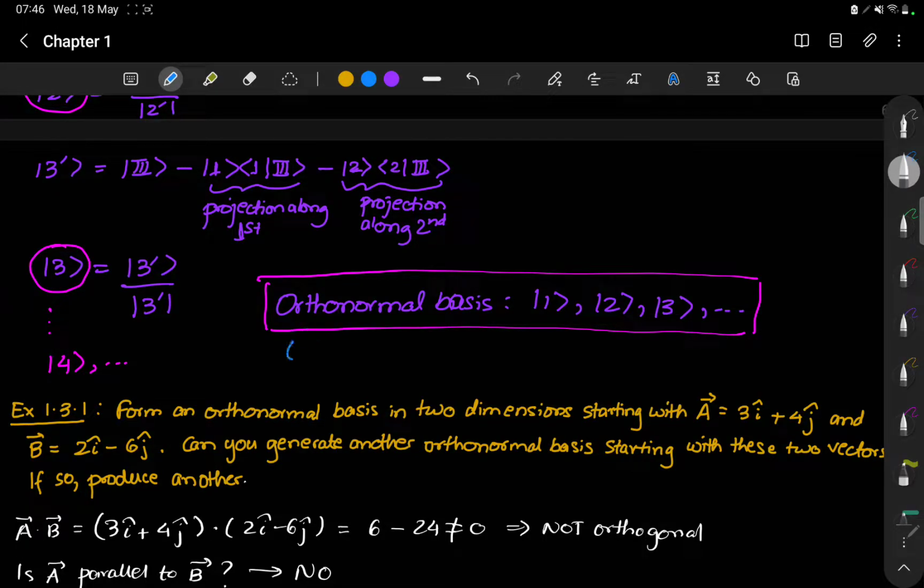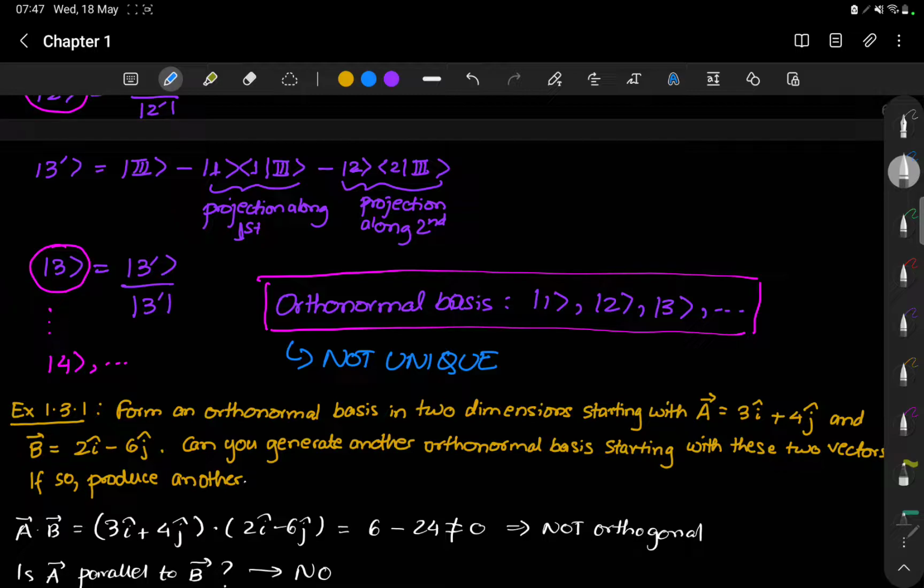So we do get an orthonormal basis, but this is not unique. We can get different sets of orthonormal basis vectors depending on which vector we take as the starting point, which is that first vector that we take and rescale it to get a normalized vector. So it depends on the choice of the first vector.